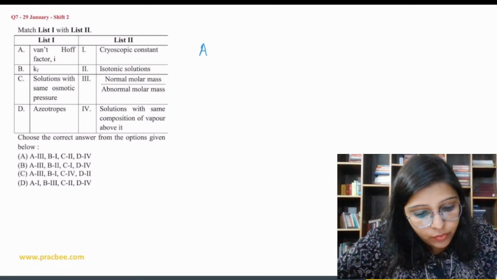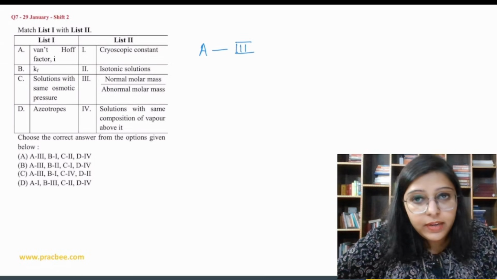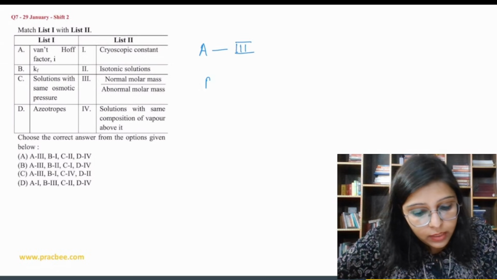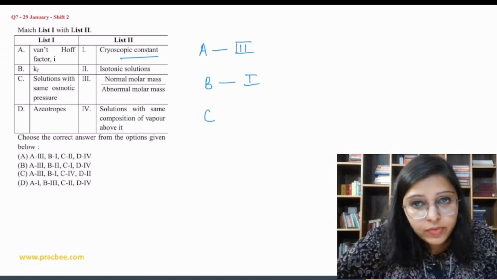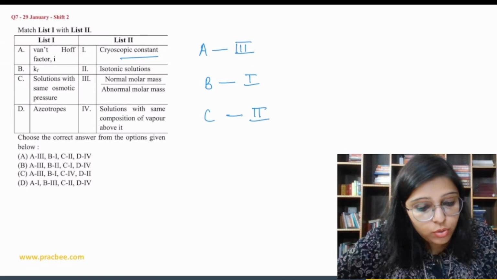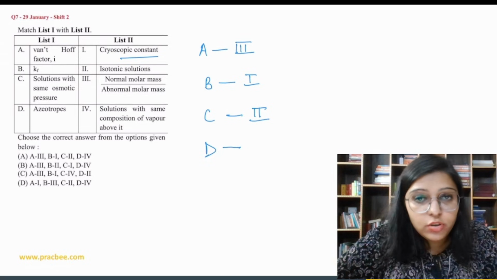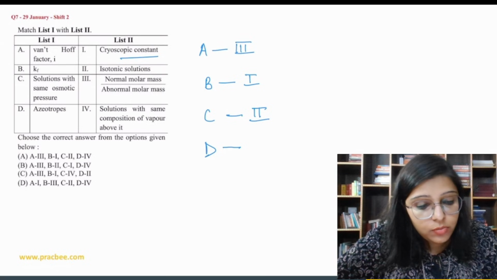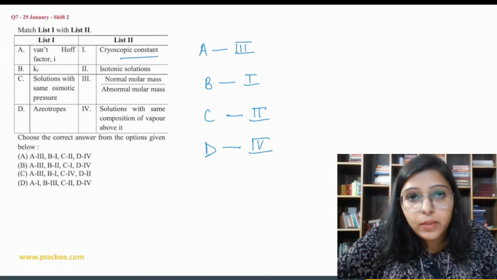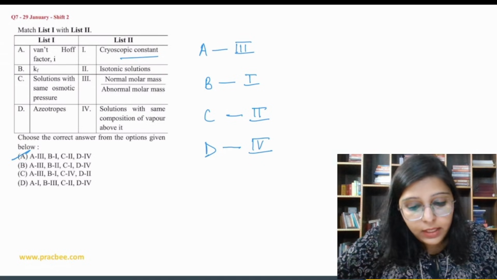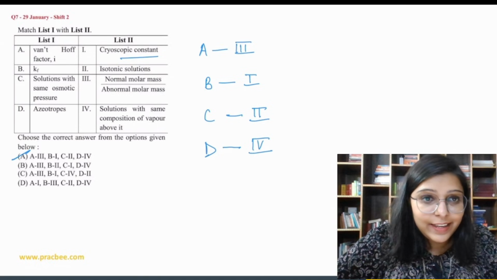We can match Van't Hoff factor with third, normal molar mass divided by abnormal molar mass. Then B, Kf is the cryoscopic constant, so B can be matched with first. C, solutions with the same osmotic pressure, so that can be matched with second, isotonic solution. And D, azeotrope, solutions with the same composition of vapor above it, right? So these are azeotropes, so this can be matched with fourth. On the basis of that, we can take A as the correct option.